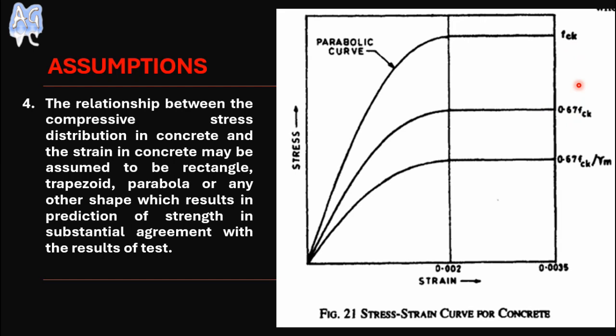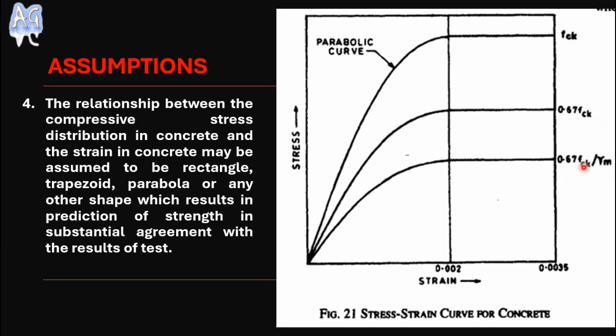If somehow there is any error in the mix proportion, we can at least have the least strength of the concrete. So that's why we are dividing by this factor of safety, and again we divide by another partial safety factor, which is also 1.5.